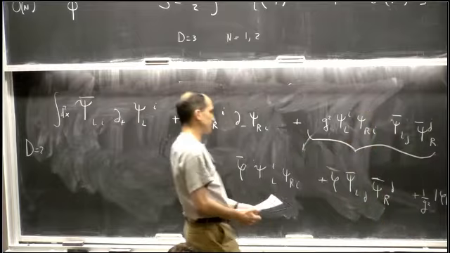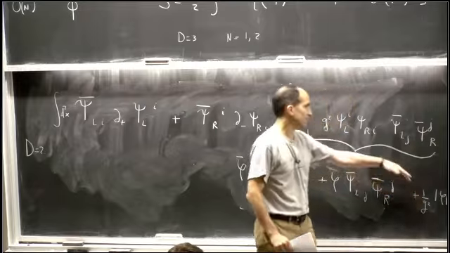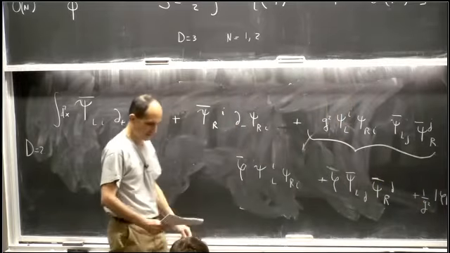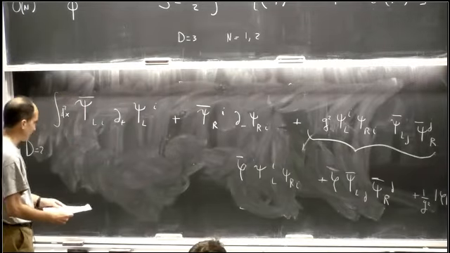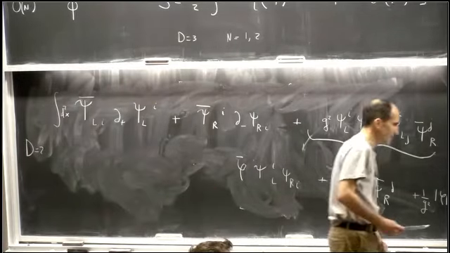So we introduced a new scalar field, and integrating out the scalar field, we get this interaction. And I think now you see where we're going. So can you guess what happens with phi?